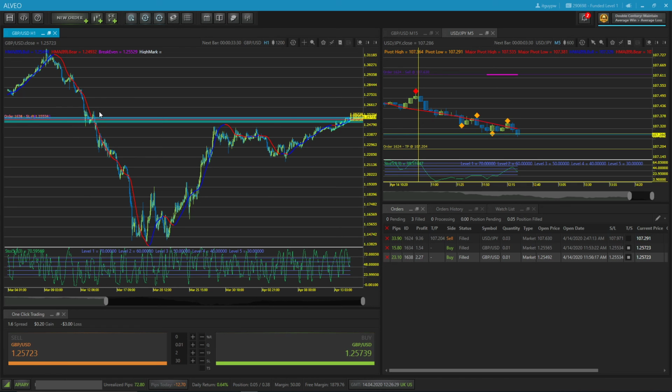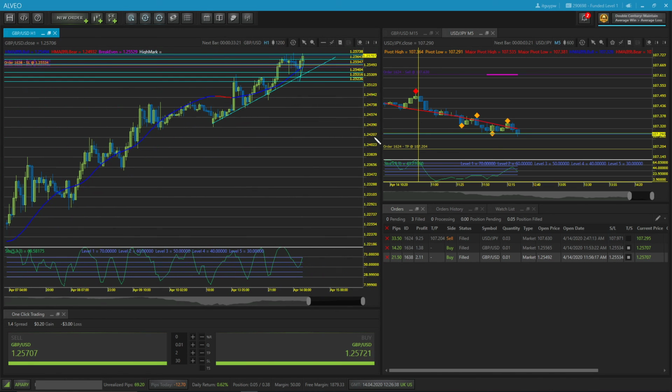The next support line is kind of up here. Let's see if it gets up there. That'd be a nice little run.